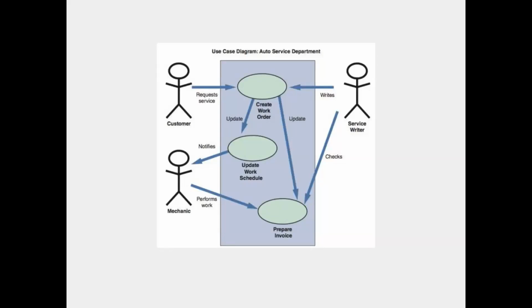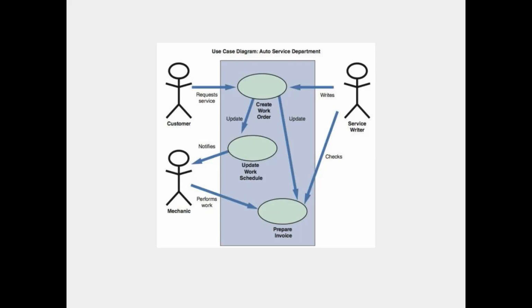So for example, in this particular case, this use case diagram represents the service department, hopefully of an automobile shop. It initiates with a request from the customer. The use case that involves the customer first is create work order. That involves another staff member, which is the service writer. He's the one who writes the order, which will update another use case.